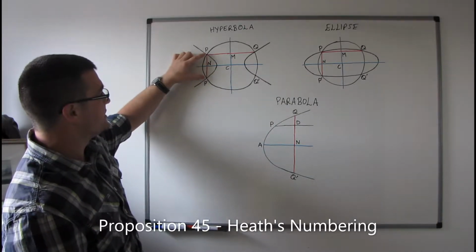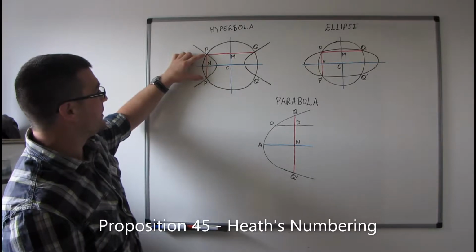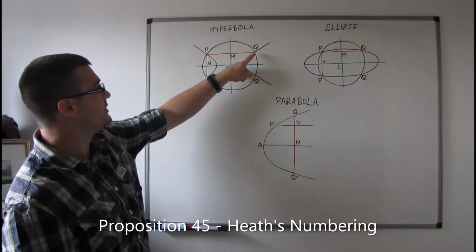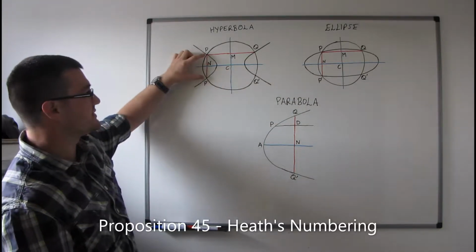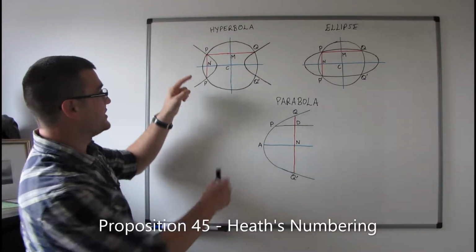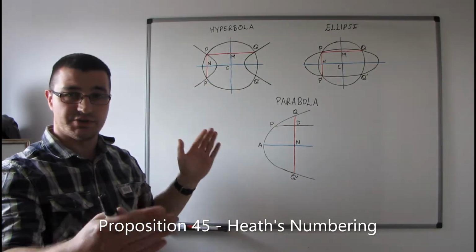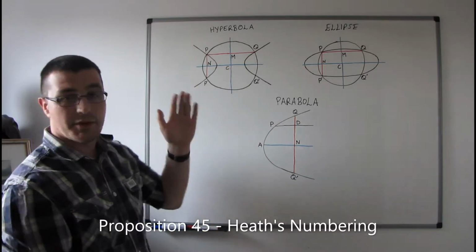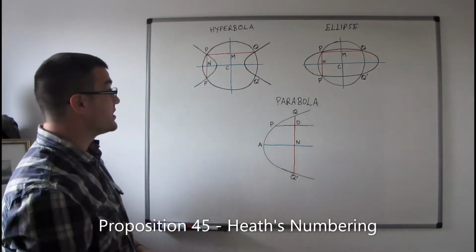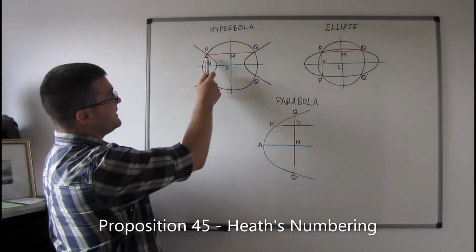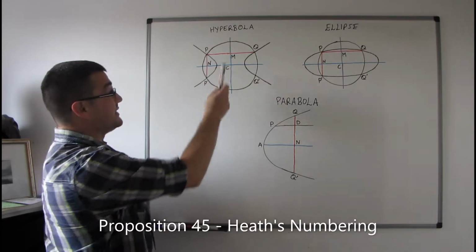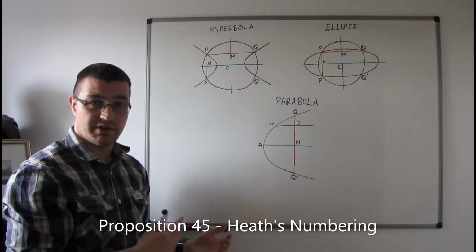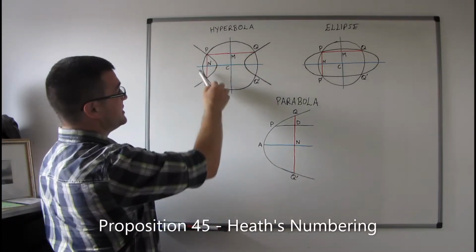So we draw the chord PP primed here and the chord PQ here. So notice that PP primed, this chord is on a single branch and the chord PQ is joining 2 points on separate branches. And we find the perpendicular bisectors of these 2 chords. So not only are PP primed and PQ chords of the hyperbola, but they're also chords of this circle as well.